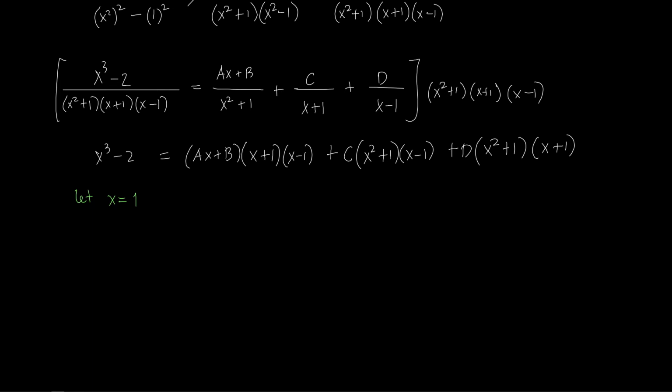There is a left side ha. 1 cubed minus 2. Diba? 1 cubed 1 minus 2, negative 1, is equal to, ma-zero ni. So we have d times 1 squared, that is 1, plus 1 times 1 plus 1. So that is 4. So we have d is equal to negative 1/4. Naka-follow ba?